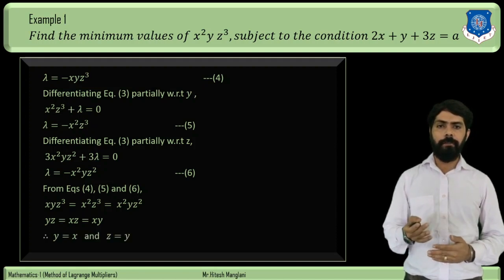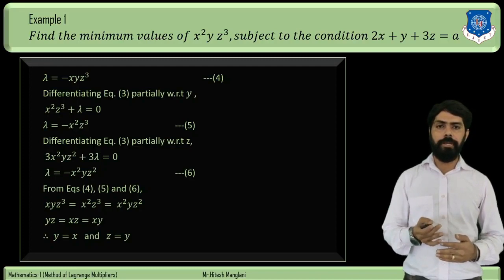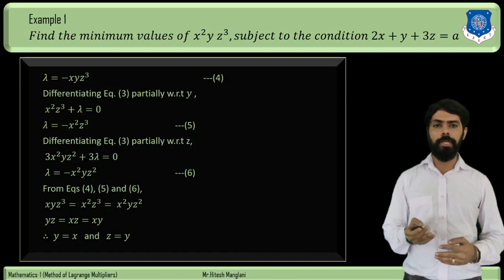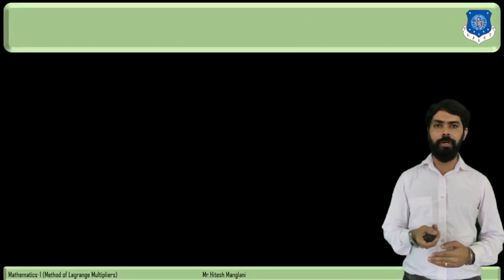Therefore if we compare yz is equal to xz, then we can say that y is equal to x. Now second, xz is equal to xy, so z is equal to y. Therefore y equal to x and z is equal to y. Therefore we can say that x is equal to y is equal to z.